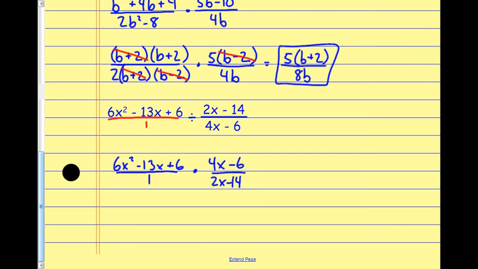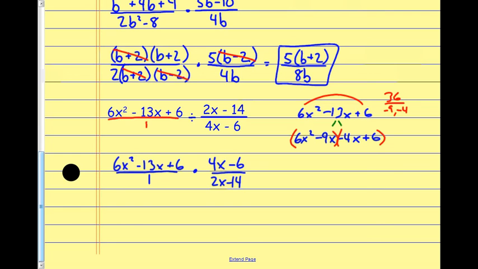Once again, I might take this 6x squared minus 13x plus 6 off to the side. I build my bridge. The two numbers are a negative 9 and a negative 4. This one, you might have to use your factoring by grouping. You split up that negative 13 into a negative 9x and a minus 4x. Everything else tags along for the ride. So we're just using all the factoring knowledge we have. I group the first two together, group the second two together.